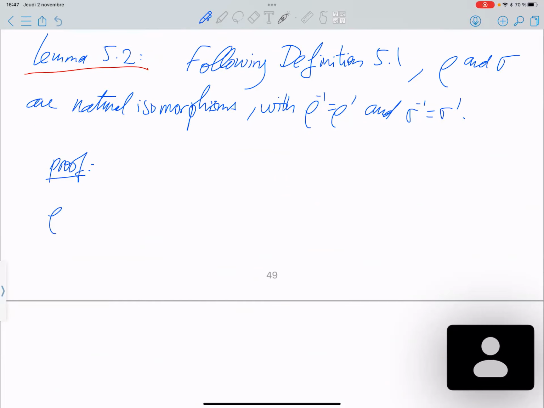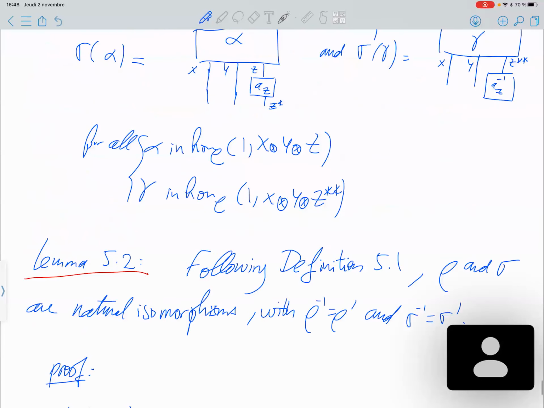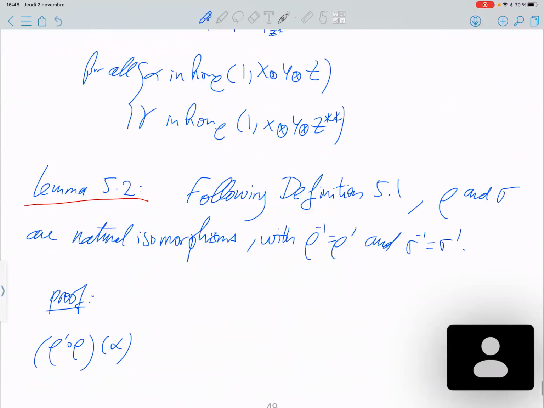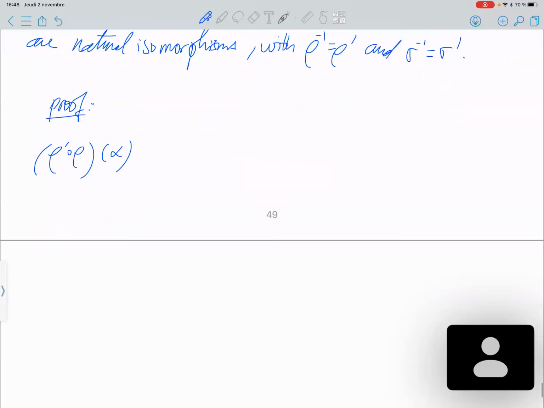What I guess is that for people who are very comfortable with tensor category theory, such a lemma is not required. It's completely trivial. But that was not my case when I started to write this paper.